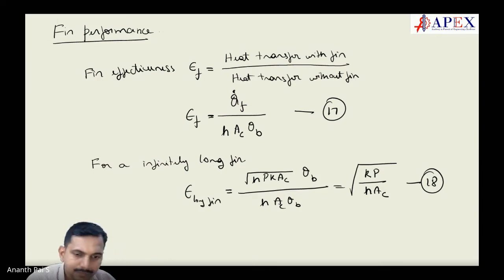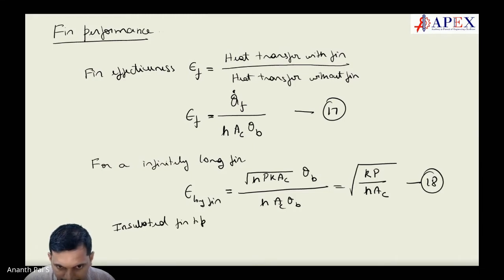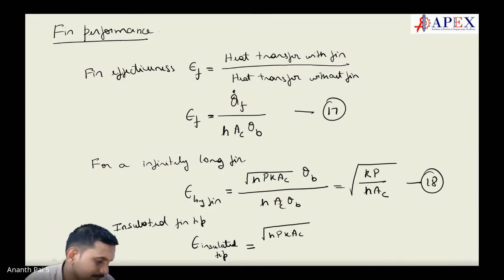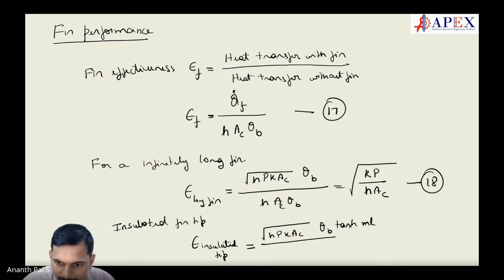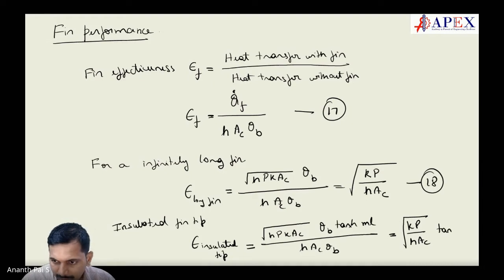And for an insulated fin tip, this is equal to square root of h P k Ac times theta b tanh mL divided by h Ac theta b, which gives us square root of kP divided by hAc into tanh mL.